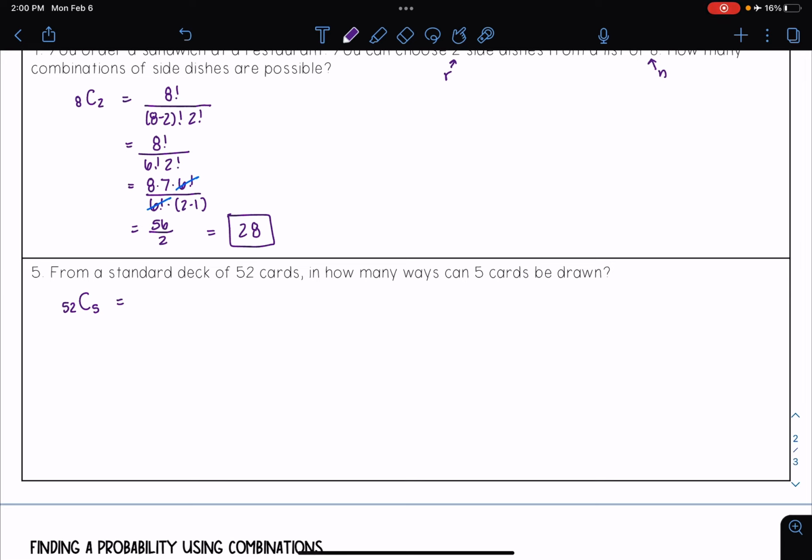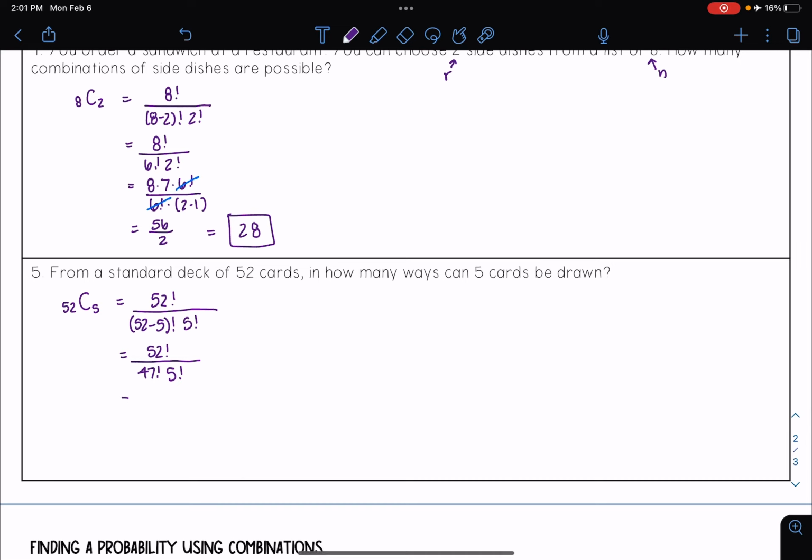And so this is going to equal 52 factorial over 52 minus 5 factorial times 5 factorial. And then 52 minus 5, I get 47 factorial times 5 factorial.